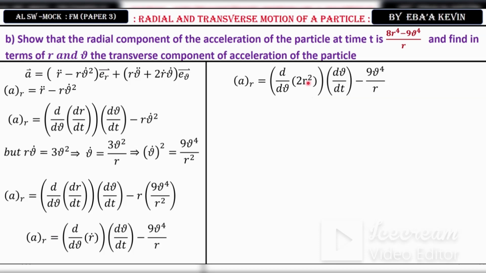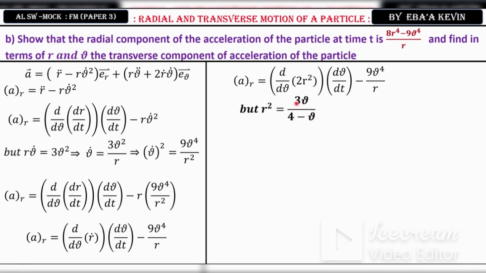So the expression for the radial component of the acceleration is going to be d, open bracket, 2r squared d theta, times d theta dt, minus 9 theta raised to the power 4 divided by r. But we know that r squared equals 3 theta divided by 4 minus theta.